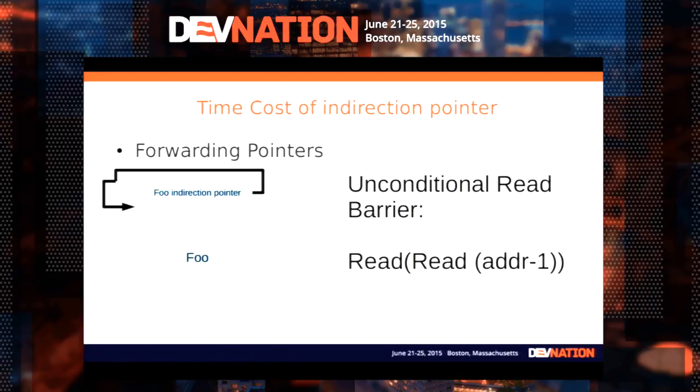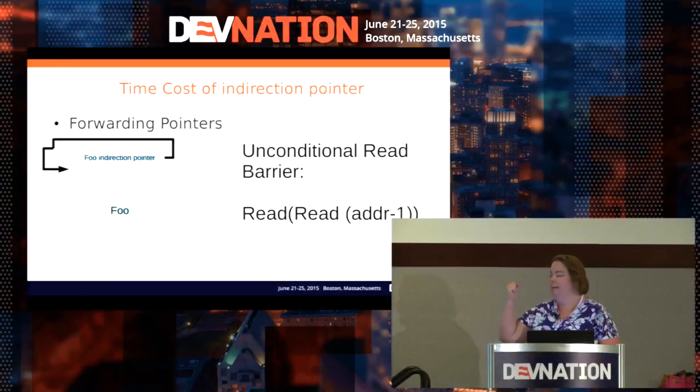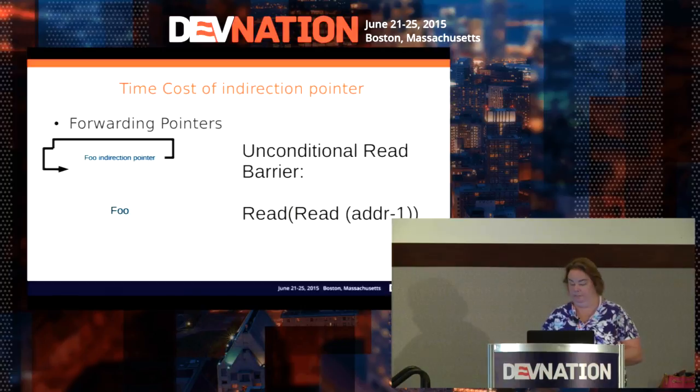This is a very fast read barrier. We have an address to an object that we want to access. We read the address -1, and then we read the contents of that. It tends, in most cases, to be an in-cache read. And from all our measurements, this is not a performance problem for us. It's the thing most people are worried about, but it's just not an issue.